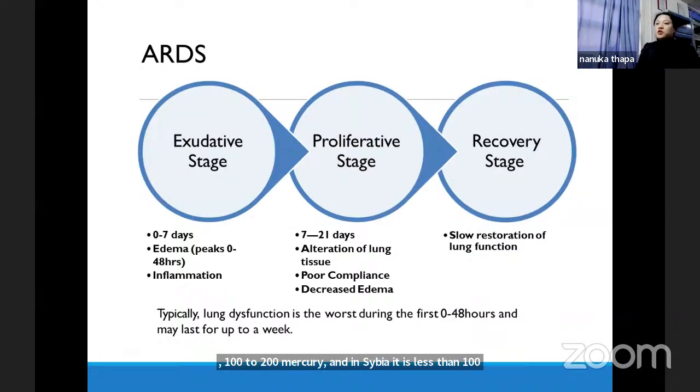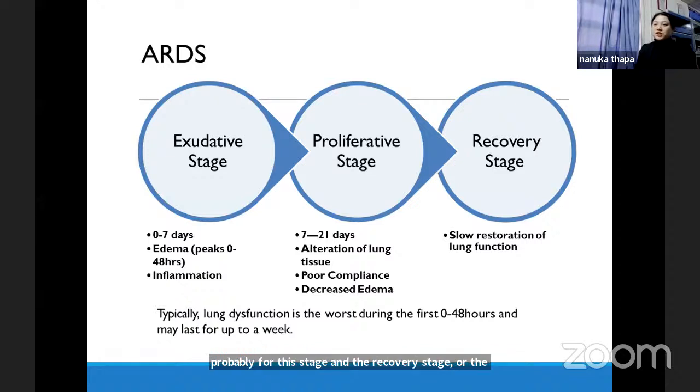So coming to the pathophysiology of ARDS, it is described in 3 stages or phases: the exudative stage, the proliferative stage, and the recovery stage or the fibrotic stage.